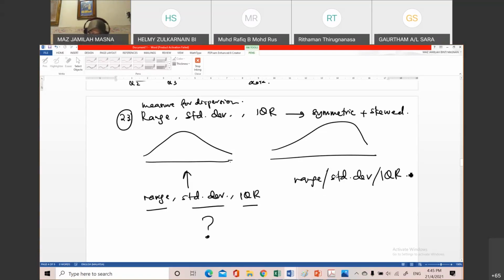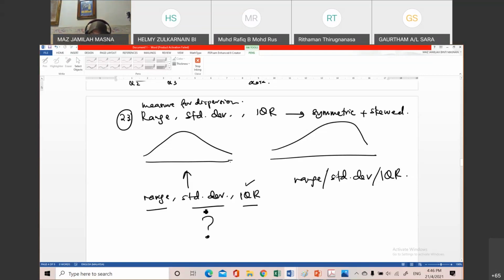Class, first, symmetric. Which one? Is it range? IQR. Measure of dispersion for symmetric and skewed. Usually for symmetric, okay, IQR is also correct. It depends on the discussion of your answer.